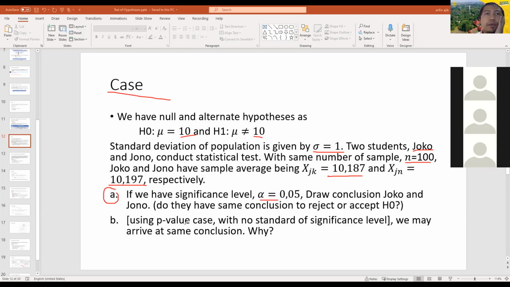And using the p-value case with no standard significance level, meaning there is no alpha, in part B we remove this alpha. We might arrive at the same conclusions. And why? Let's check together.